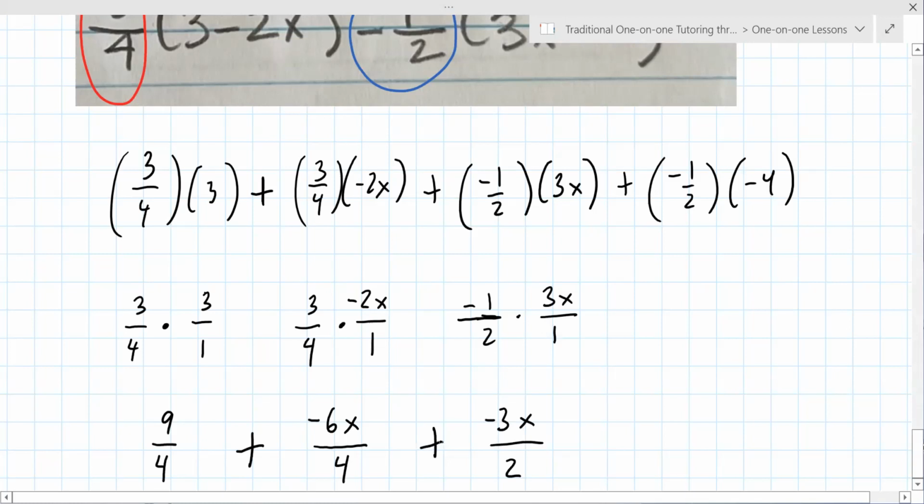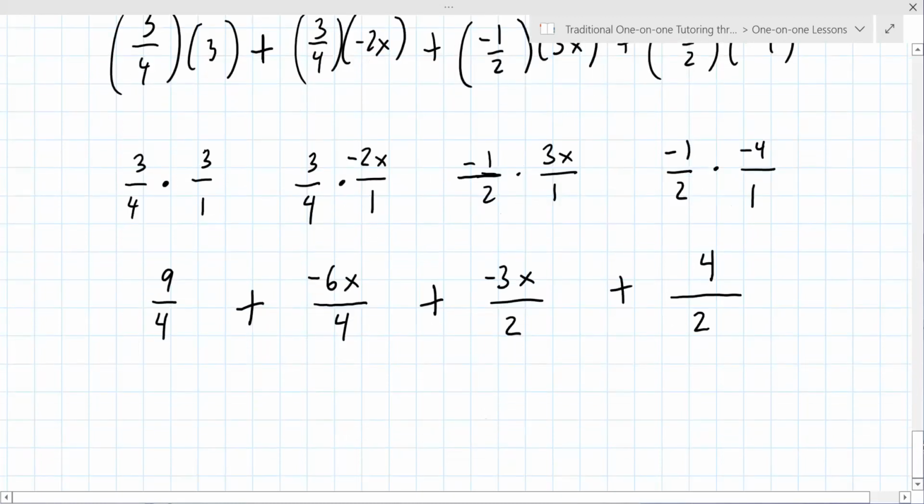Bring that plus down. Last one here, -1/2 times -4 over 1. -1 times -4 makes a positive 4. And then 2 times 1 is 2. You add those together. Plus 4 over 2.